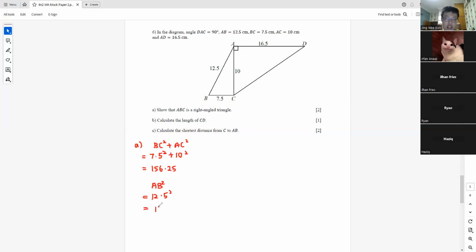Okay, so as teacher sees, we must see these two numbers first. You must show that this is 156.25. Then you can write, AB squared equals BC squared plus AC squared, by converse of Pythagoras theorem.